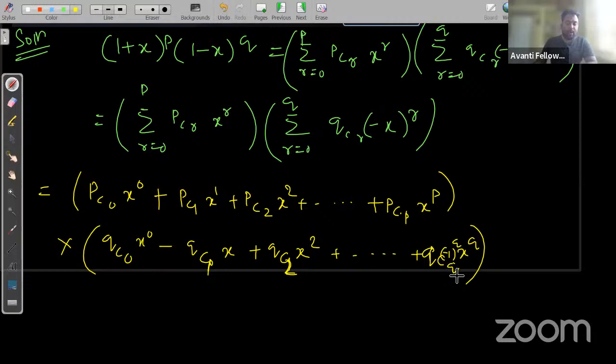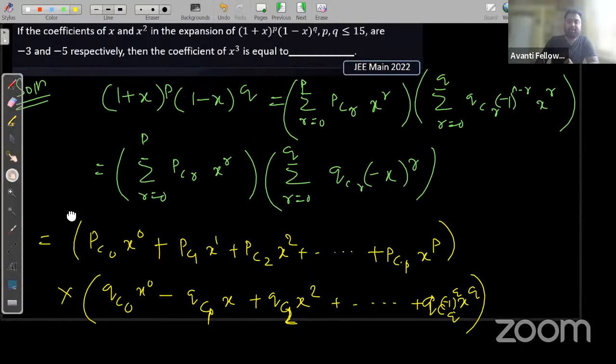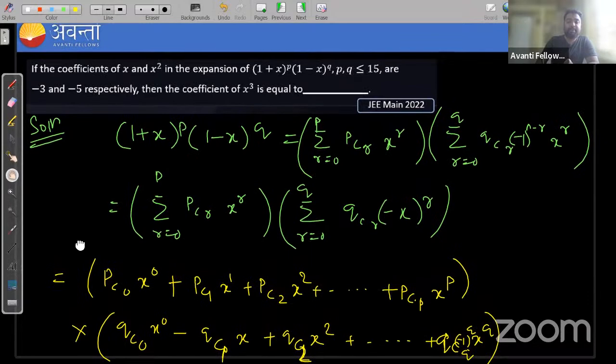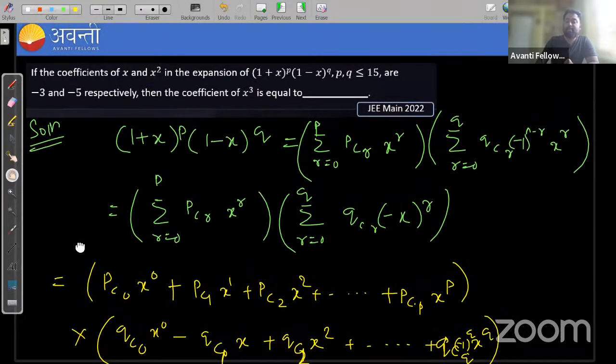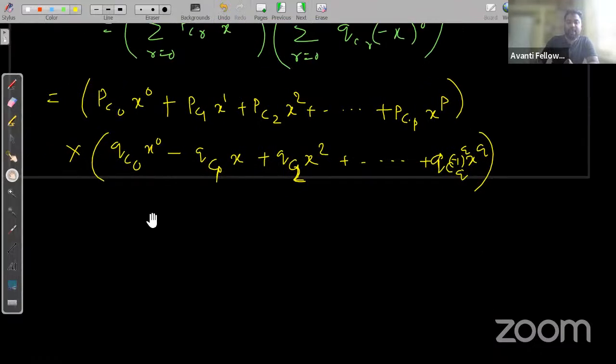Now tell me, in the question it is given that the coefficient of x is -3 and the coefficient of x square is -5. So now try to multiply these two brackets and first find the coefficient of x.